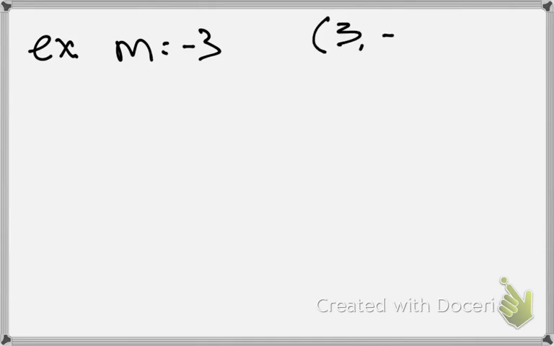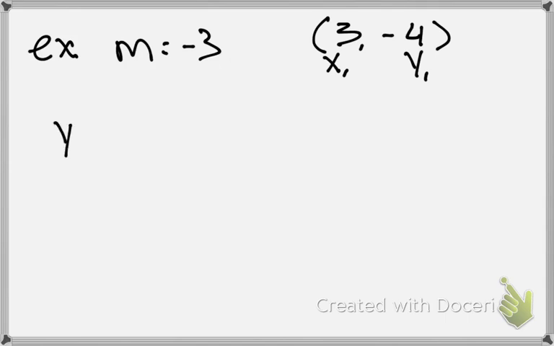So let's use an example. I'm going to tell you that the slope of my line is -3. And I'm going to give you a single coordinate point to work with, which in this case will be 3, -4. So again, this is my x1 and my y1. I'm going to plug right into my point-slope form.